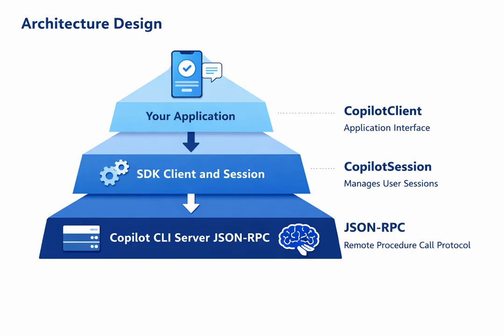Core components include Copilot client, which serves as the SDK entry point and manages the CLI process lifecycle. Copilot session maintains conversation context and supports sending messages and listening to events. JSON RPC serves as the unified communication protocol, ensuring cross-language consistency.